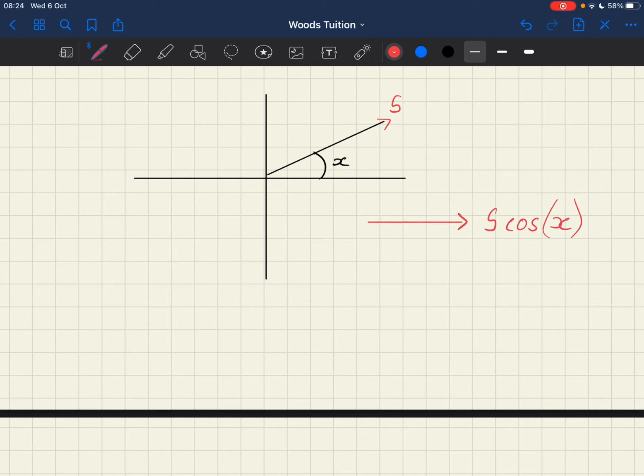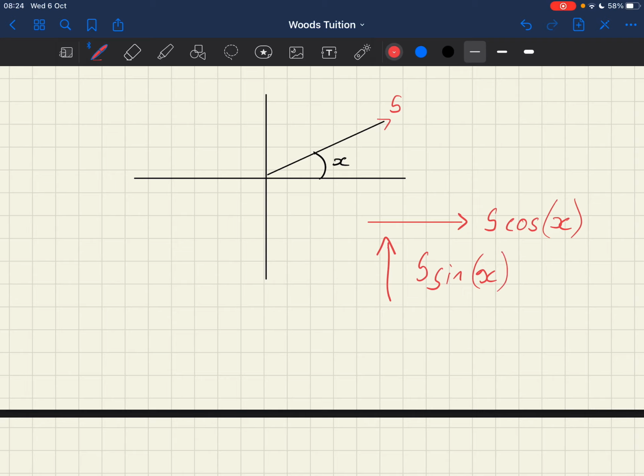So the horizontal would be 5 cos x. In order to close the angle, we find the cosine, and in order to open the angle, we find the sine. So the vertical component of this would be 5 sin x.